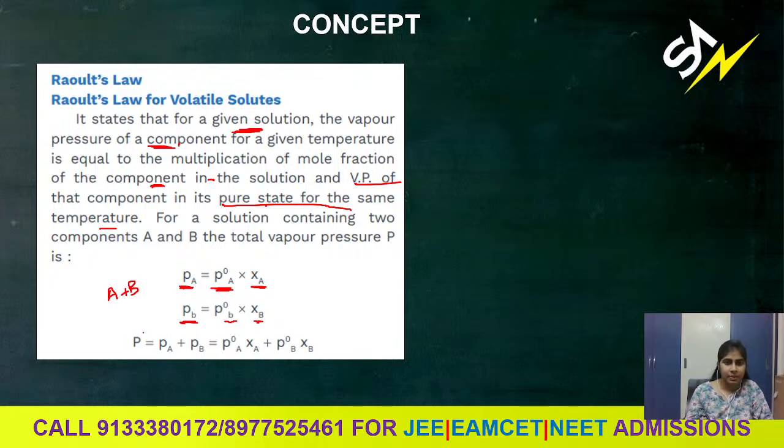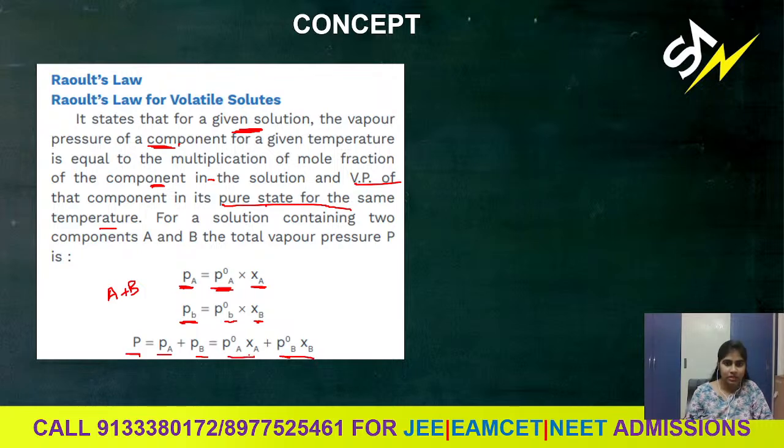So for a solution containing two components A and B, the total vapor pressure P is PA plus PB, the vapor pressure of A plus the vapor pressure of B. That is given by Raoult's law as P0A XA plus P0B XB.